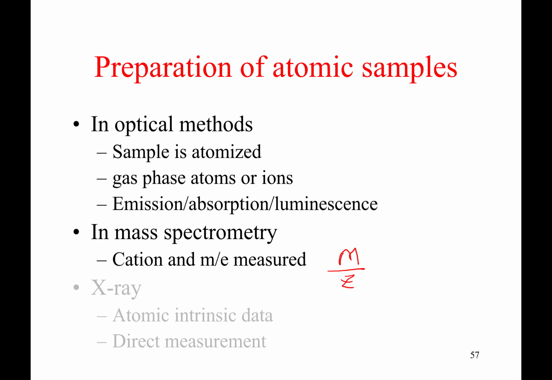And then in X-rays, usually we say it's an intrinsic data. What do we mean by intrinsic data? Anybody who has worked with X-rays here? Nobody. So it's intrinsic data in the sense that you eject an electron from the inner shell, and an electron from the outer shell falls back to fill whatever has been ejected, which means you can measure that energy.